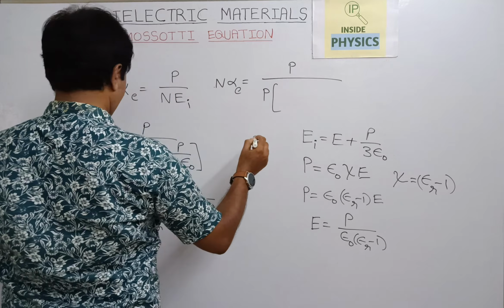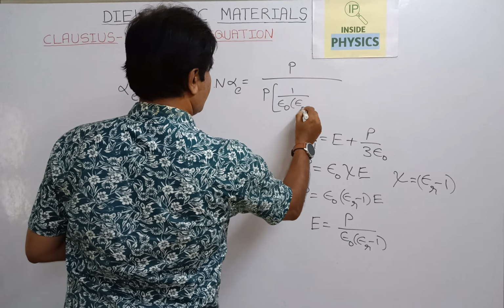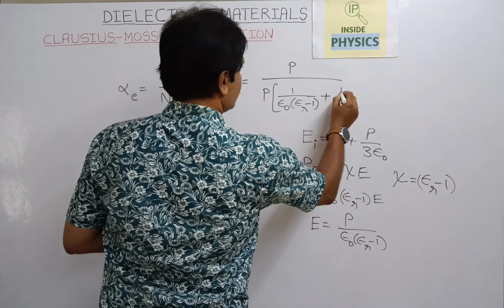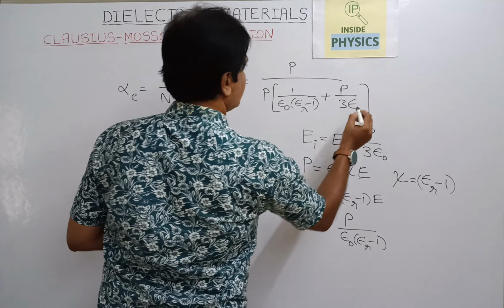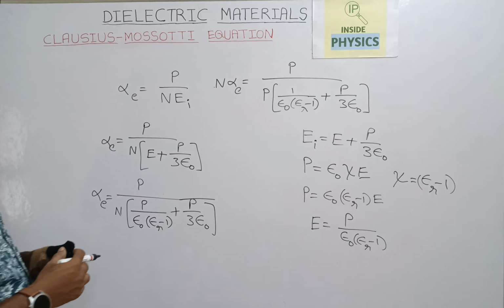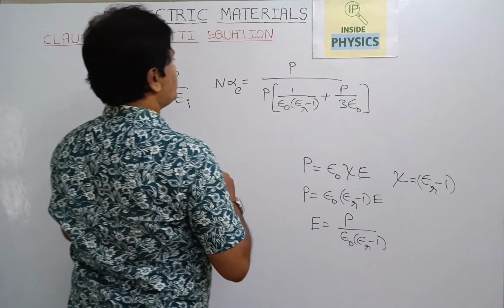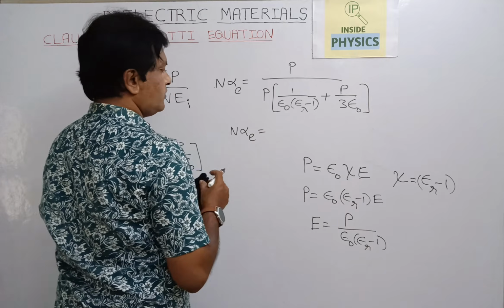P is taken as a common factor here, that will become P by epsilon naught epsilon r minus 1 plus P by 3 epsilon naught. So this is what we got. Here P and P will get cancelled.